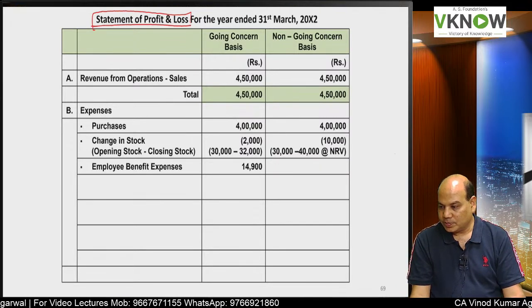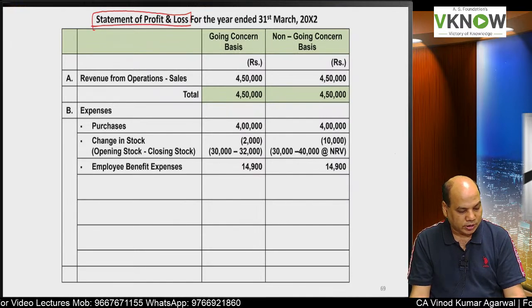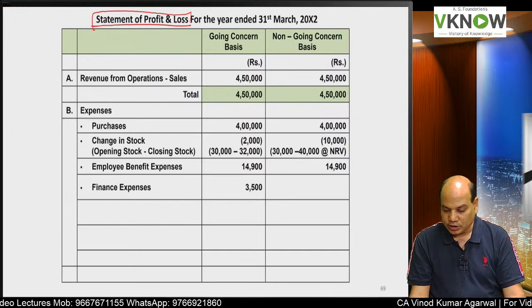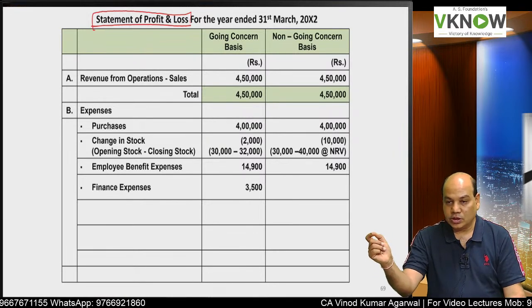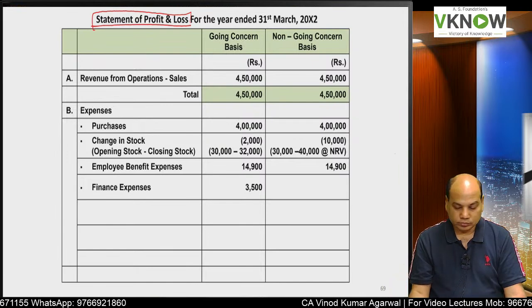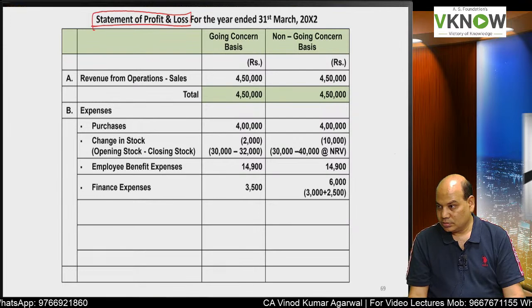Employee benefit expense, we will take the same figure, 14,900, adjustment number D. Then financial expense, in the first column I will only take interest on loan. You can write in bracket 10% of 35,000, but here I will take 6,000.